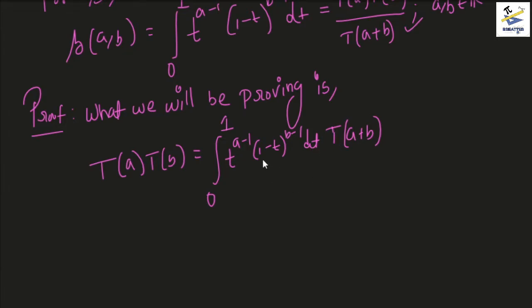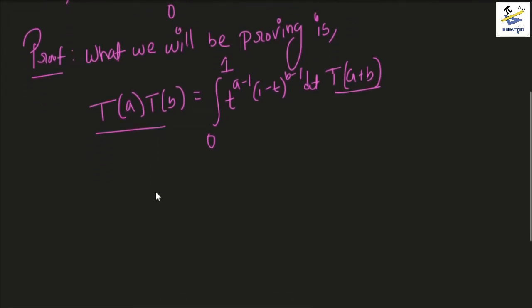We would rather be proving that gamma of a into gamma of b would be equals to gamma of a plus b multiplied by the integral 0 to 1 t to the power a minus 1 and 1 minus t whole to the power b minus 1 dt. So proving this is a bit easier than proving gamma of a into gamma of b by gamma of a plus b directly. So well, this would give you the same answer obviously.